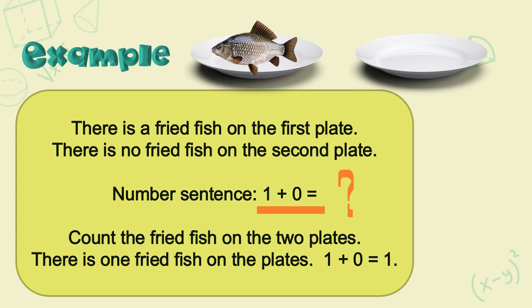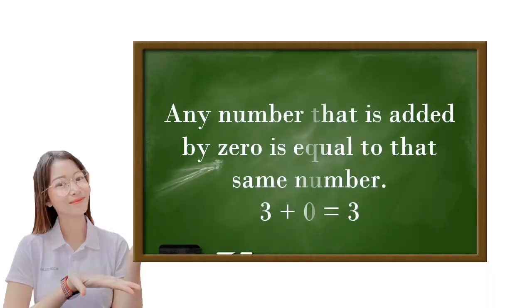There is 1 fried fish on the plates. 1 plus 0 equals 1. Always remember, any number that is added by 0 is equal to that same number. For example, 1 plus 0 equals 1.